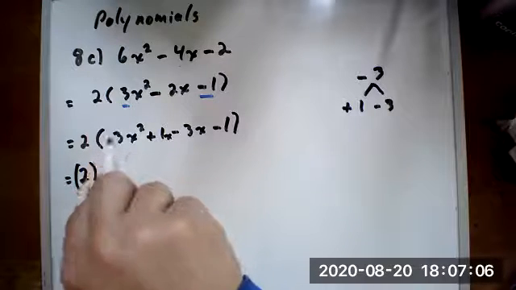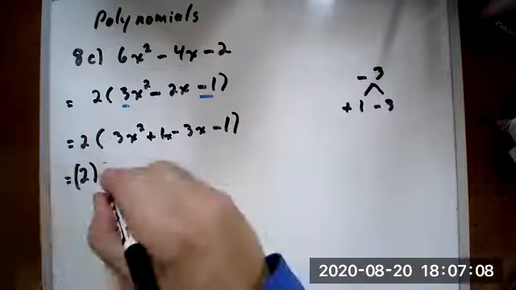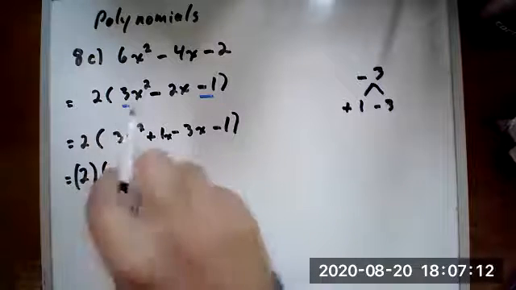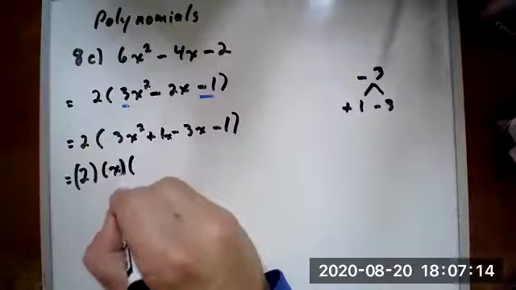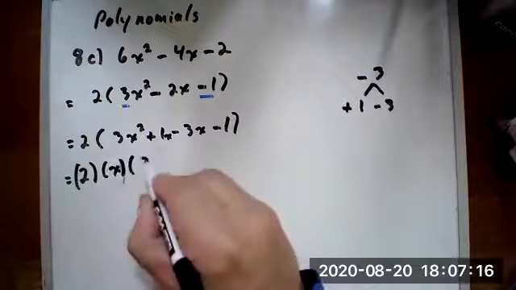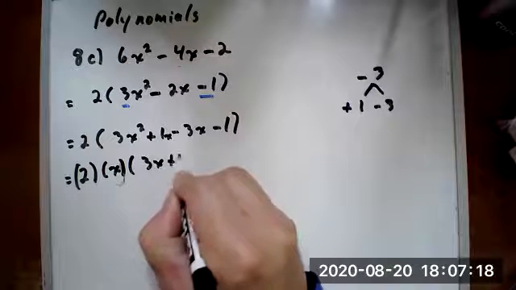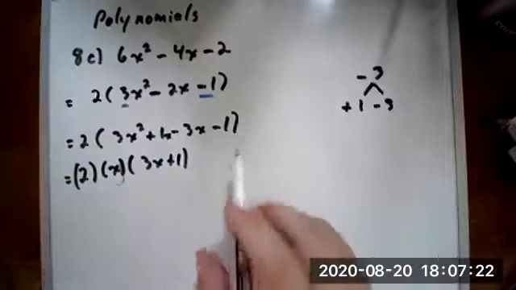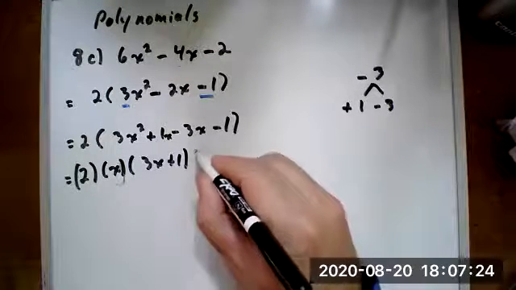So I have a 2 that I've factored out of this, and an x. So let's go with 1x, which leaves me with 3x plus 1. And then out of my second two, I can pull out a -1.